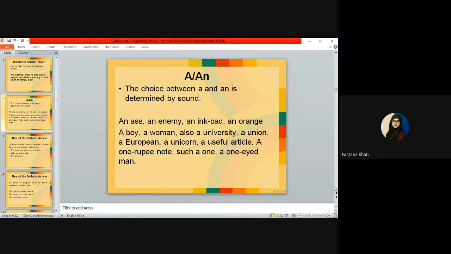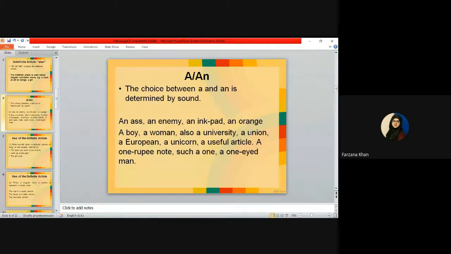But keep in mind that when you pronounce the word university, your upper and lower teeth are touching, right? So air is obstructed here. You cannot say that the word is starting with a vowel sound. Here university starts with a consonant sound. That's why we need to say a university, not an university.